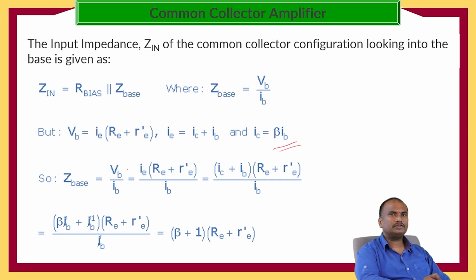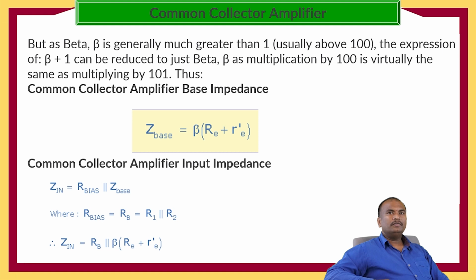Z base is equal to VB by IB, that is IE into RE plus re dash by IB, which is equal to IC plus IB by IB into RE plus re dash. From this we get beta plus 1 into RE plus re dash, where Z base is approximately beta into RE plus re dash.